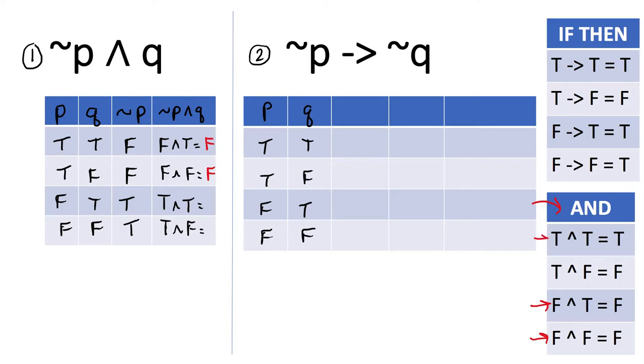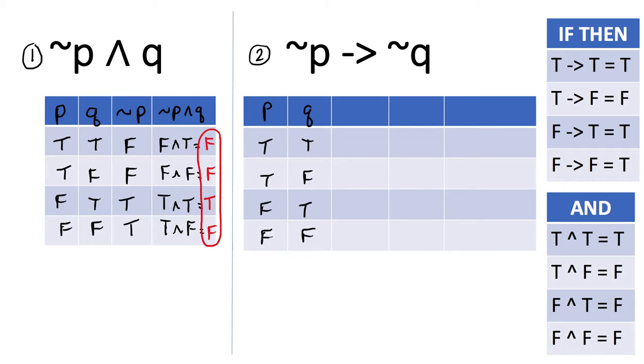True and true is equal to true. And true and false is equal to false. Remember that your answer to a truth table is the final column on the chart. Okay, so that takes care of our first statement.